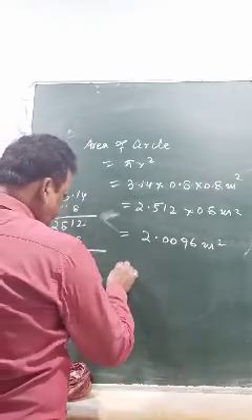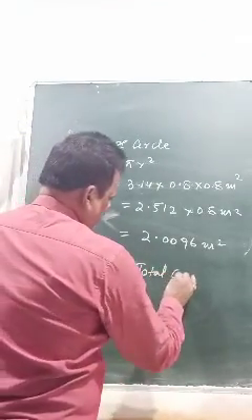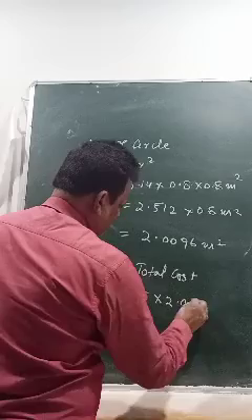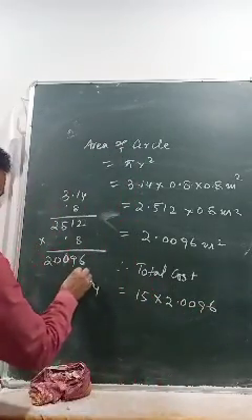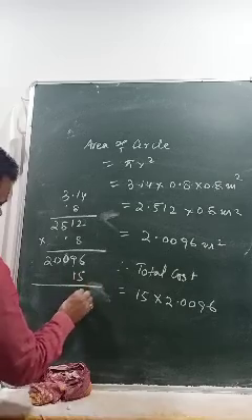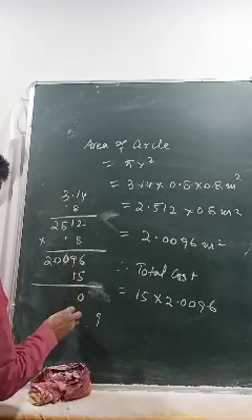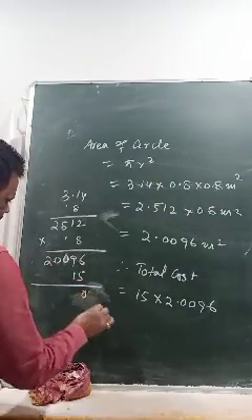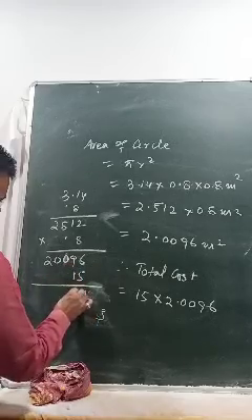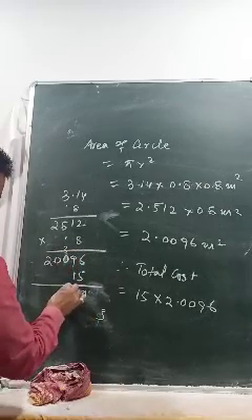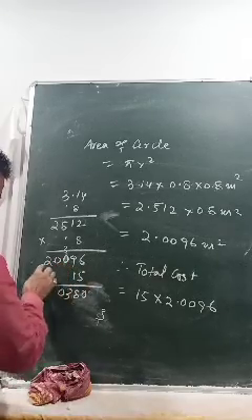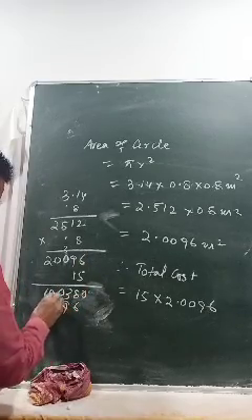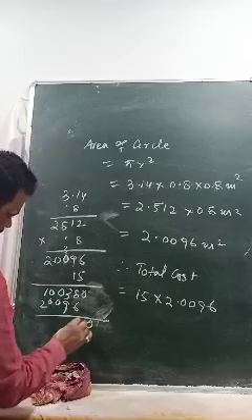Okay. Cost is told, 1 meter square is 15 rupees. So total cost is rupees 15 into 2.0096. Multiply. Okay, multiplication now. 5 6s are 30, 5 9s are 45, 3 is 48, then 0, 3. 5 0s, 5 2s are 10, then 1 6, 9, 0, 0, 2, 0.